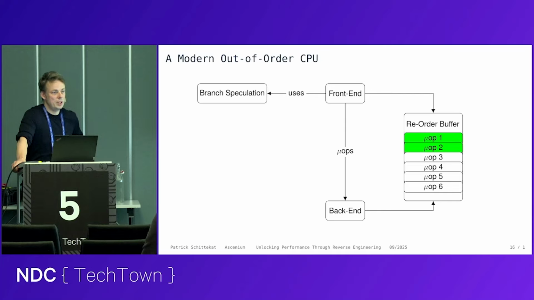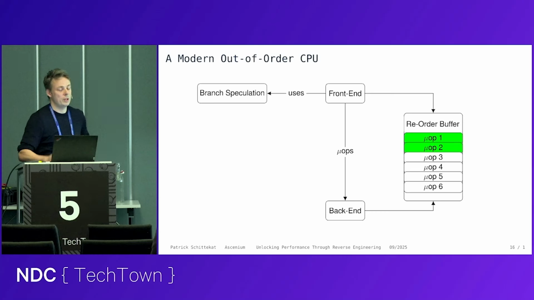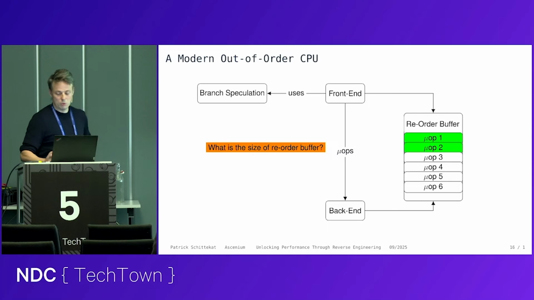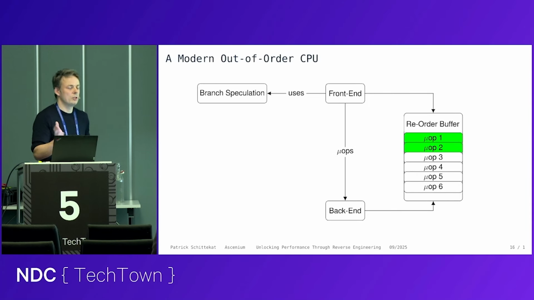Yeah, both will appear in this buffer, but as soon as it detects that it was not good to try to execute this, it will roll back this buffer and try to get to the right path again. So it will remove them. They're not retired, they're just thrown away. That's called flushing the pipeline.